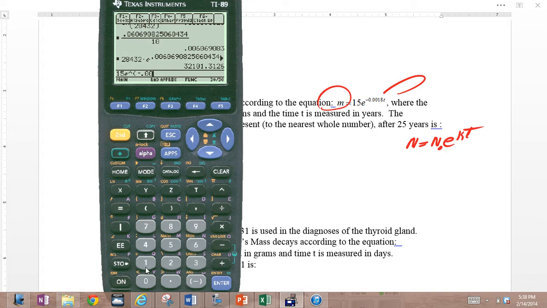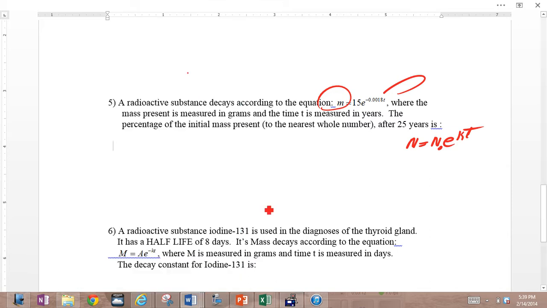So our quantity is 14.33 grams. And what percentage of the original 15 grams is that? Well, that's 95.6%. So 95.6% remains.